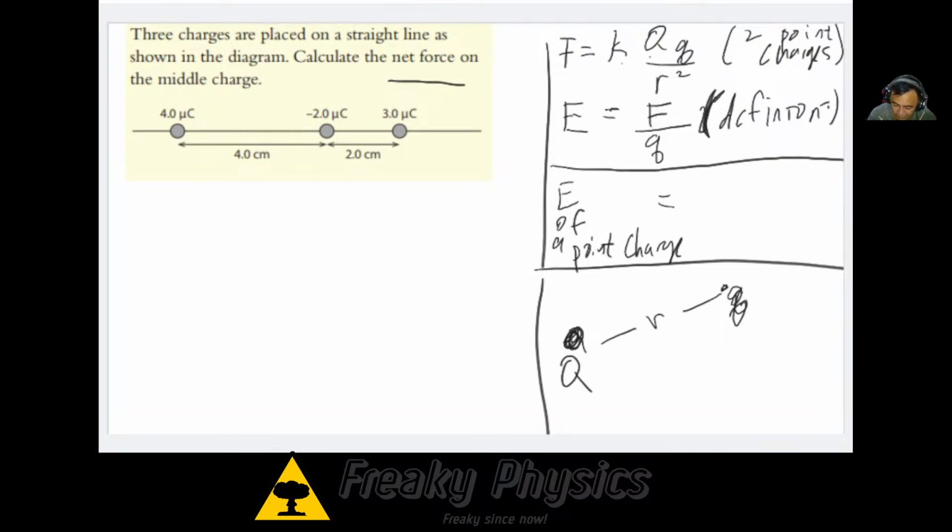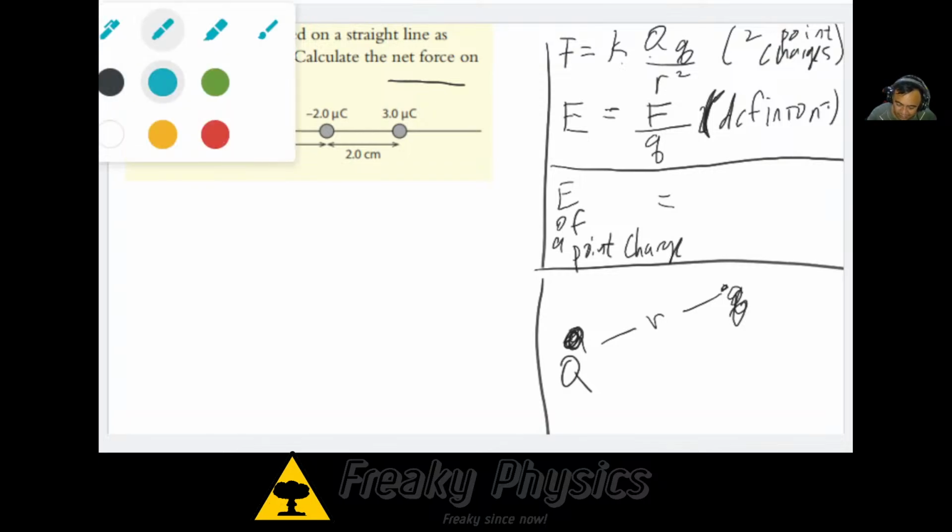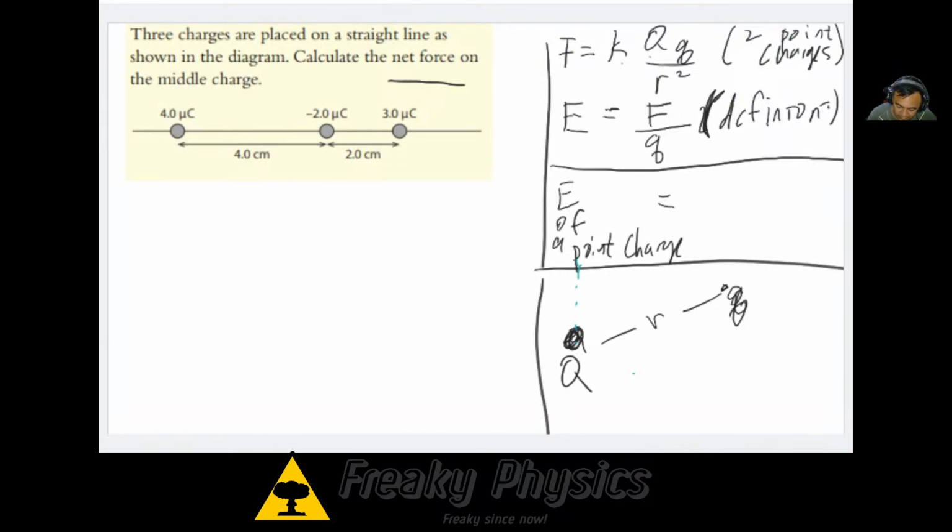If I draw the field lines like you would normally draw them for big Q, you would draw it like this, and it doesn't really hit the field lines. But if you want to be more strict, you can draw more lines so that you can hit that charge there. So that's why I said it doesn't really matter if you hit it or not. What matters is you have two charges and they're separated by some distance.